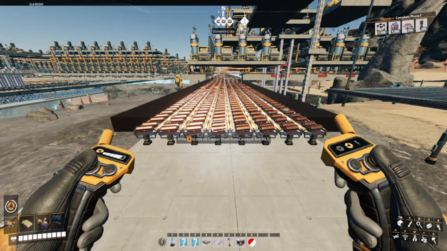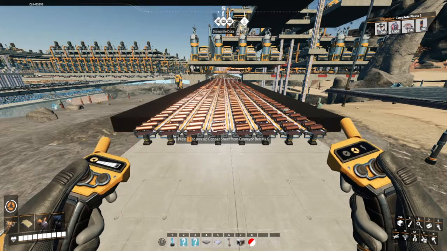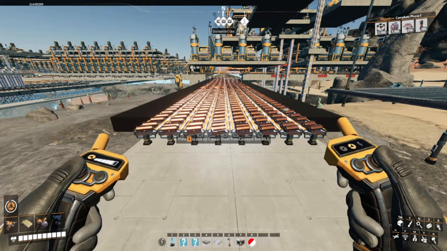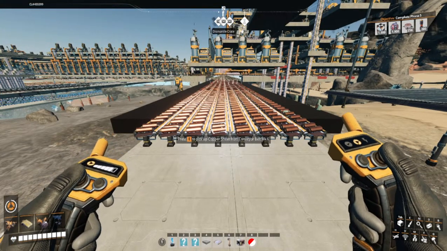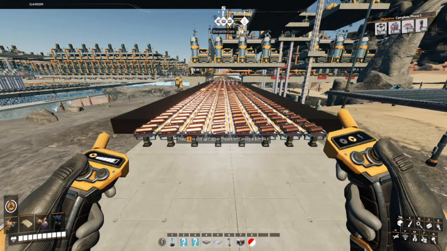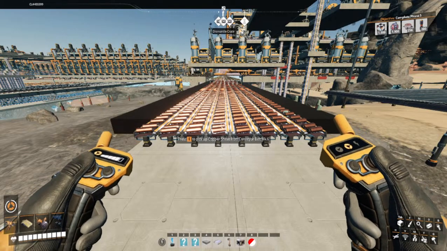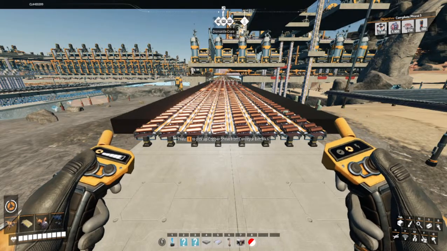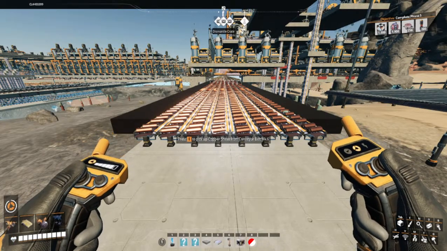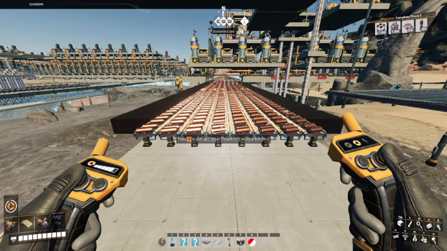MK6 belt, MK6 belt quick wire. Okay, 32 MK6 belt quick wire. 9,600 copper sheets, 32.